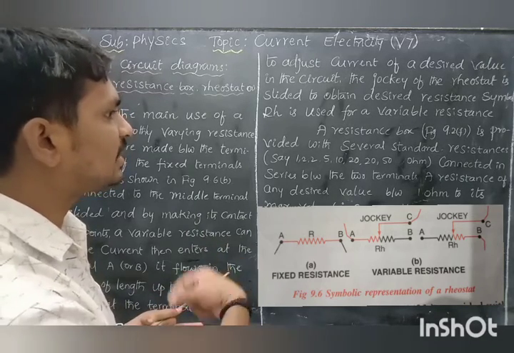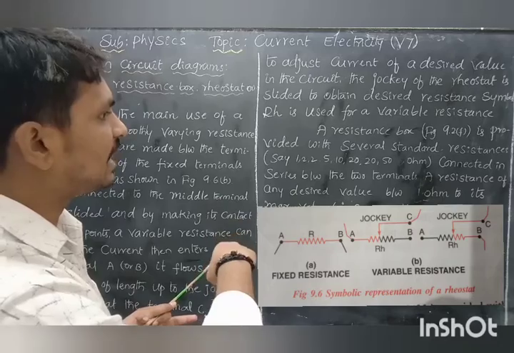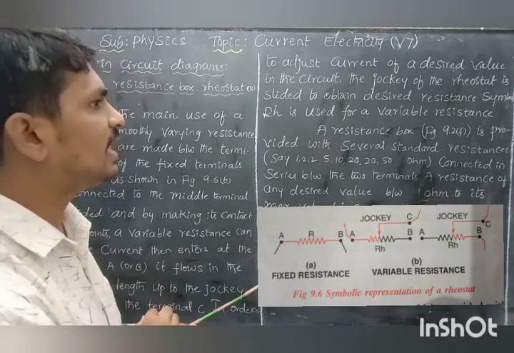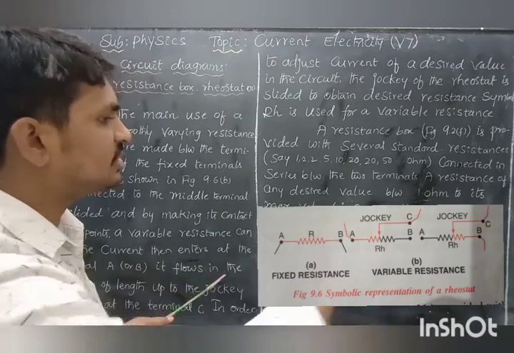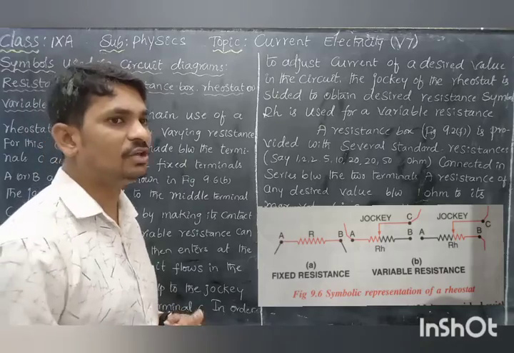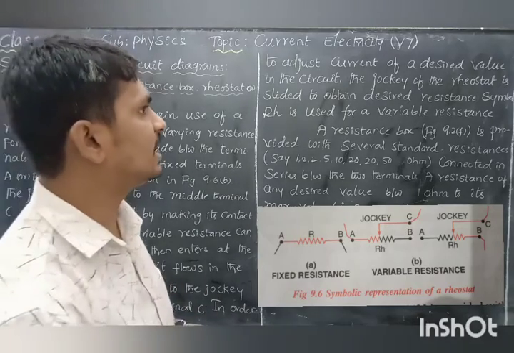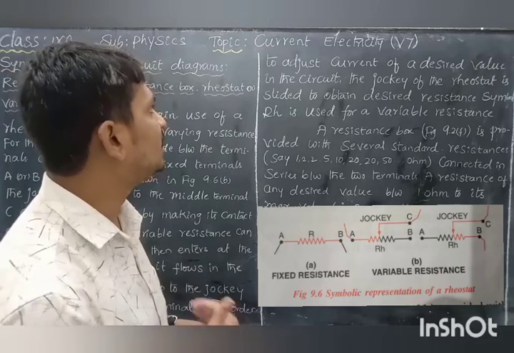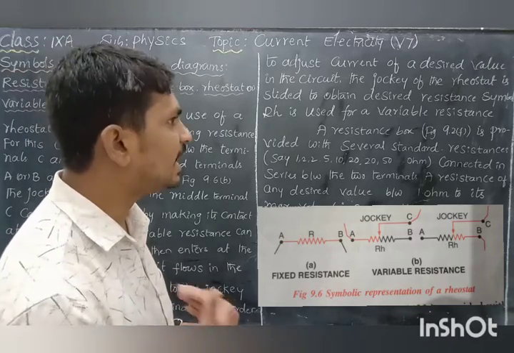After that, wherever the jockey is touching, with the help of the jockey the current is passed through the third terminal. So with the sliding of the jockey, you can change the resistance of the corresponding wire. With the help of that, you can vary the current present in the circuit.